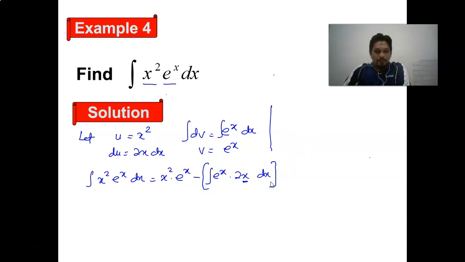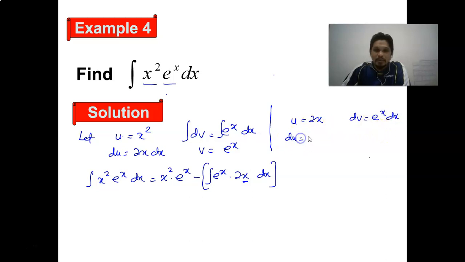Okay, this is our reference now. u and dv for the first part, we refer to the question. Then we come up with another u and dv from here. This is our reference now. So u equal to 2x, and dv equal to e^x dx.